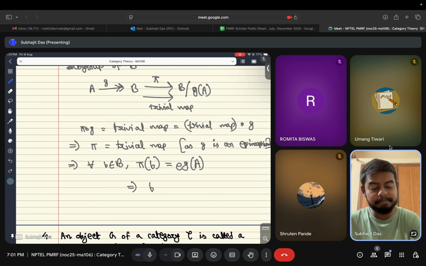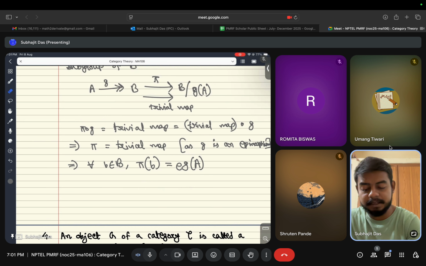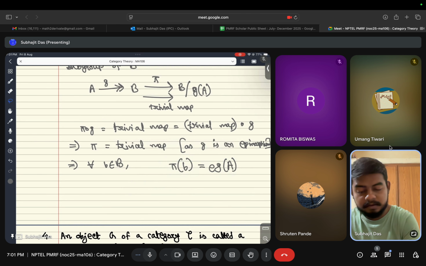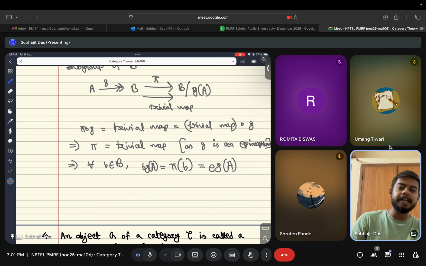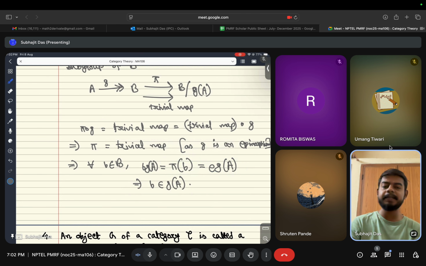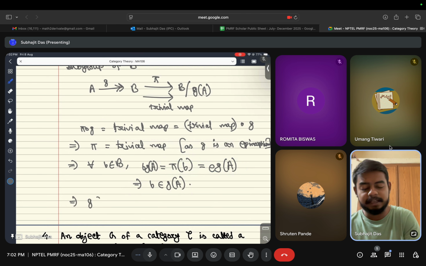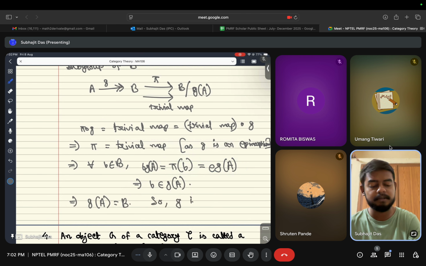That exactly means that b is in GA. Because by definition pi of b is just the coset of b with respect to GA, which is equal to the identity coset, which implies that b is in GA. So b is an arbitrary element in B and it's in GA, which implies that GA is all of B, which is exactly what we wanted. So G is surjective.